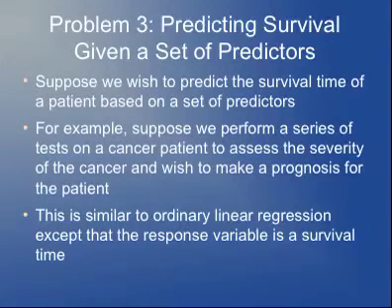Say, for example, you do a series of tests on a cancer patient to evaluate how severe their cancer is, and you want to try to make a prognosis for the patient. This is similar to ordinary linear regression, except this time the response variable is a survival time rather than a continuous outcome, so we have to use a specialized type of regression for this.